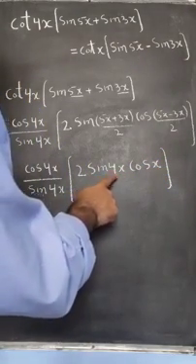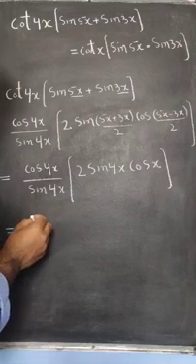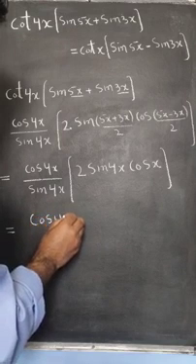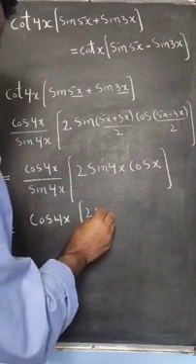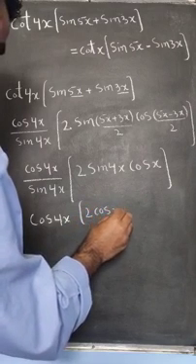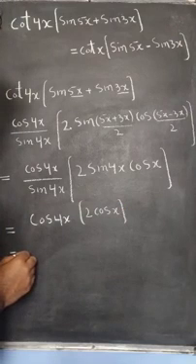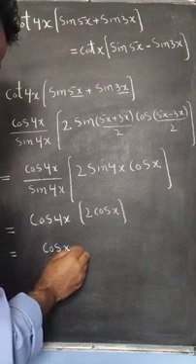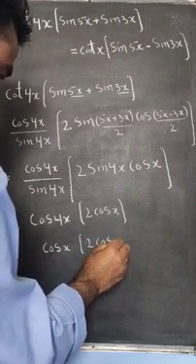Now sine of 4x divided by sine of 4x is 1, so we get cosine of 4x into twice cosine of x, or we can write it as cosine of x into twice cosine of 4x.